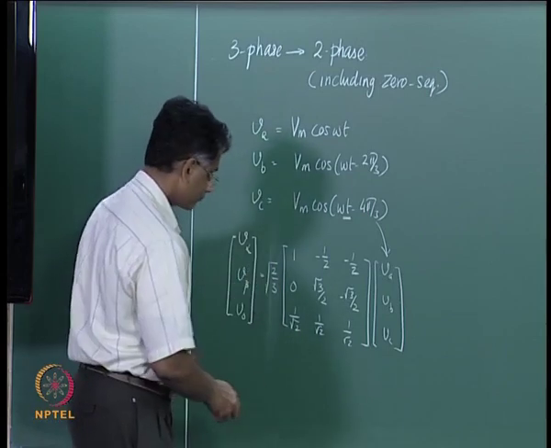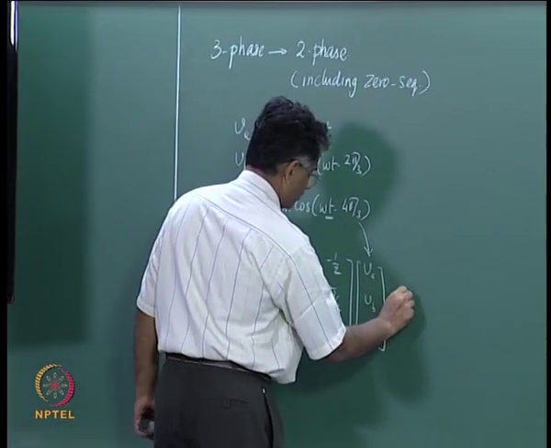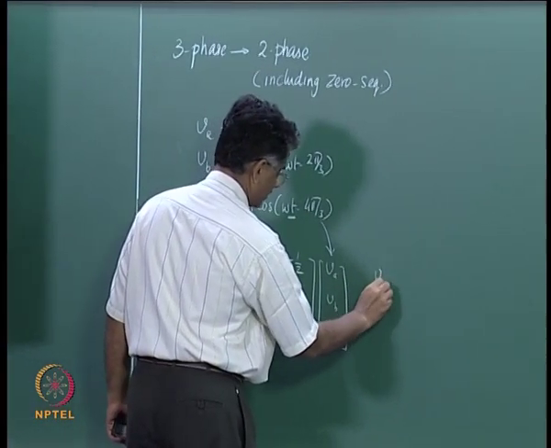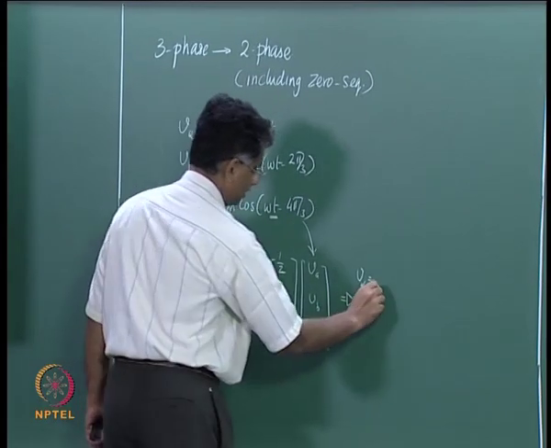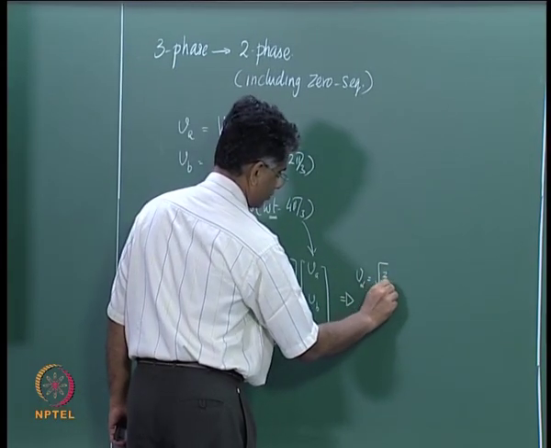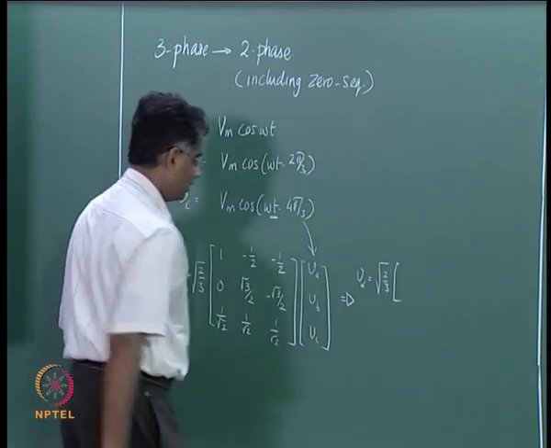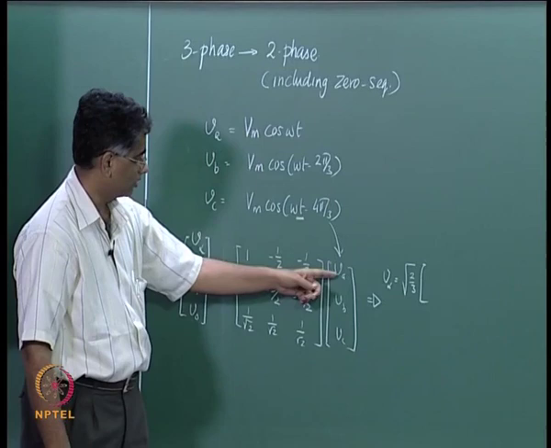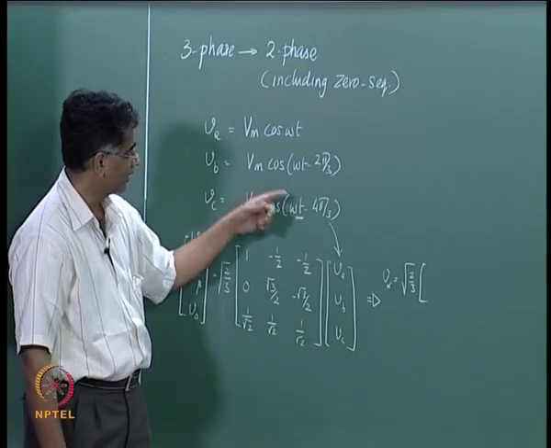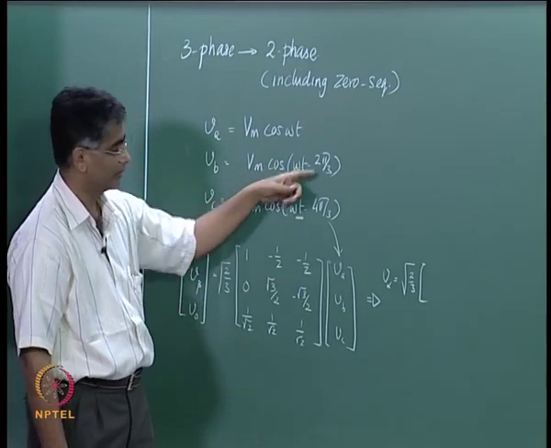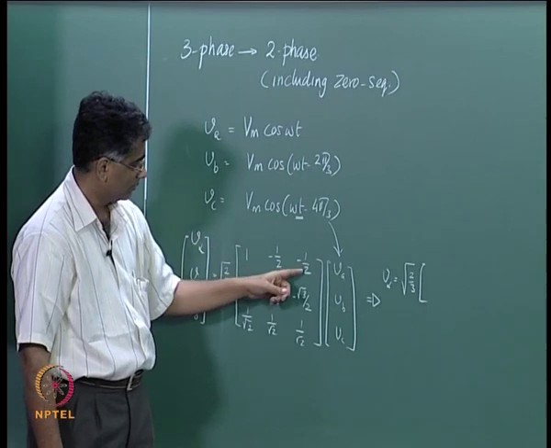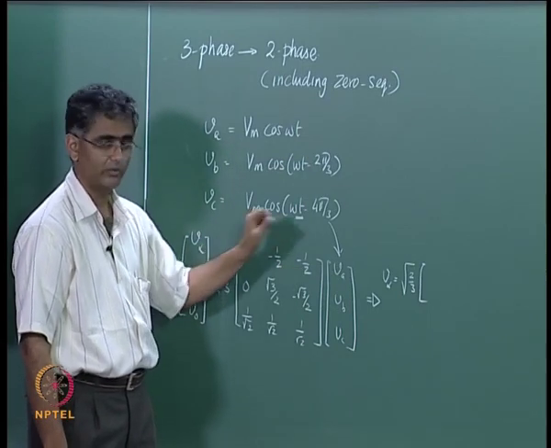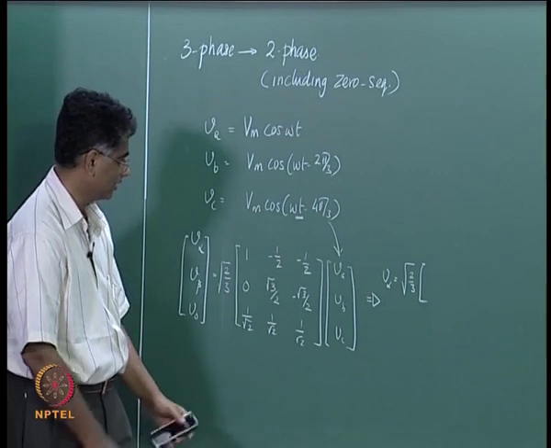Therefore, what we end up with is V alpha is root of 2 by 3 multiplied by Vm cos omega t minus half of Vm cos omega t minus 2 pi by 3 minus half of Vm cos omega t minus 4 pi by 3.